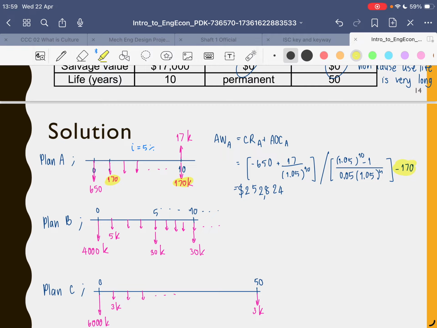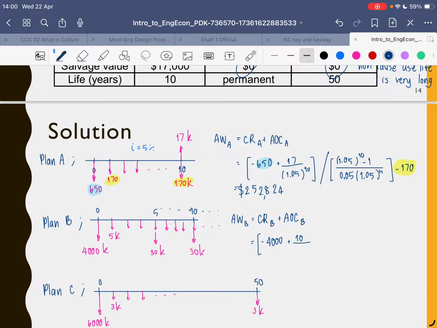The annual worth of option B is the capital recovery of option B plus the AOC of option B. The capital recovery of option B has only the $4 million, right?